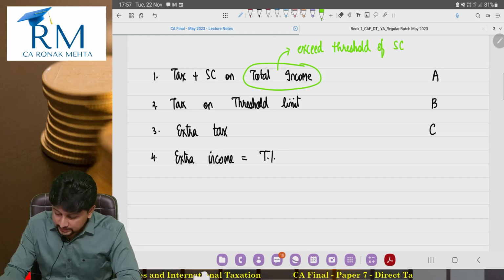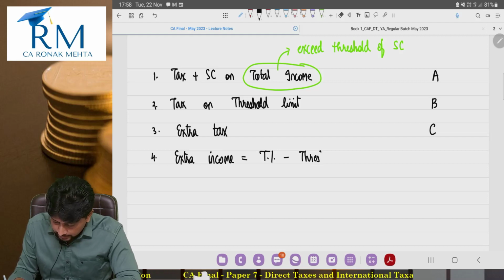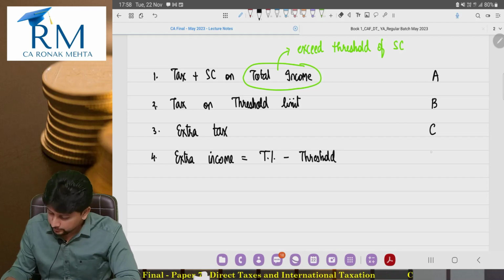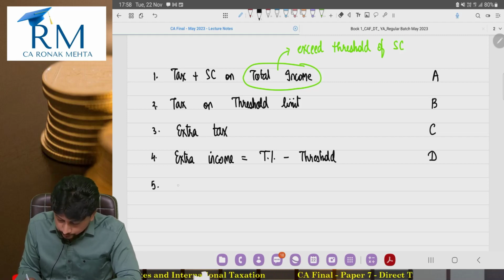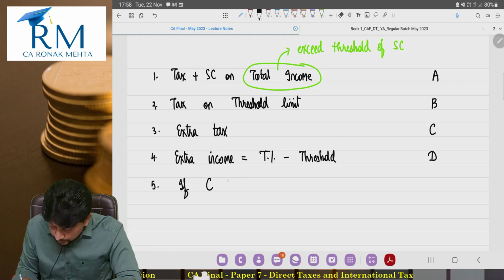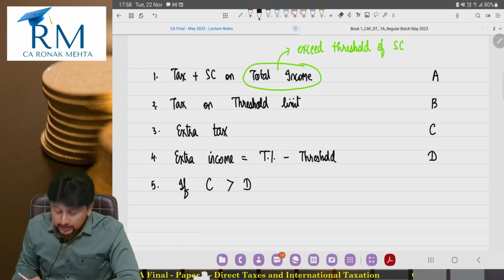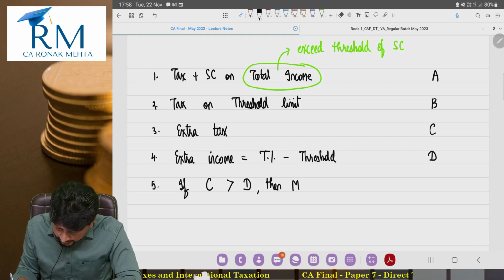Now my extra income is total income minus the threshold, let's call this D. So if my extra tax exceeds my extra income, only then I will be entitled to marginal relief.